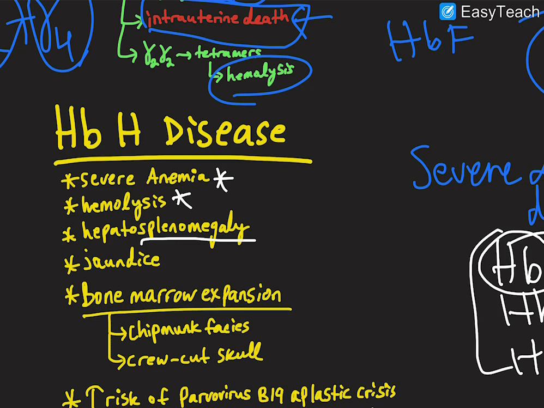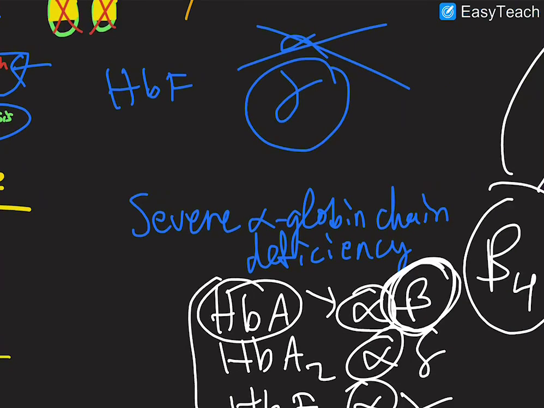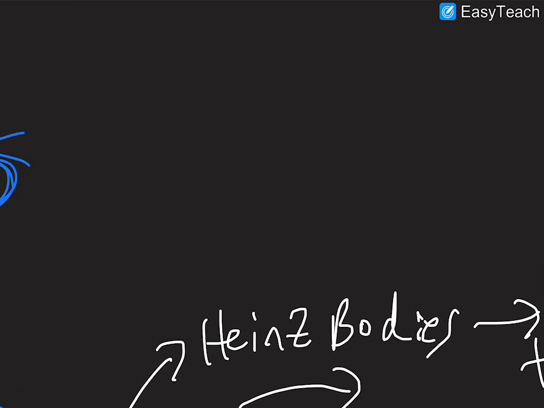So why do you get hepatomegaly? Remember we said what was one main finding? Ineffective erythropoiesis. Why can't you do effective erythropoiesis in your bone marrow? Well, it turns out it's this abnormal hemoglobin.